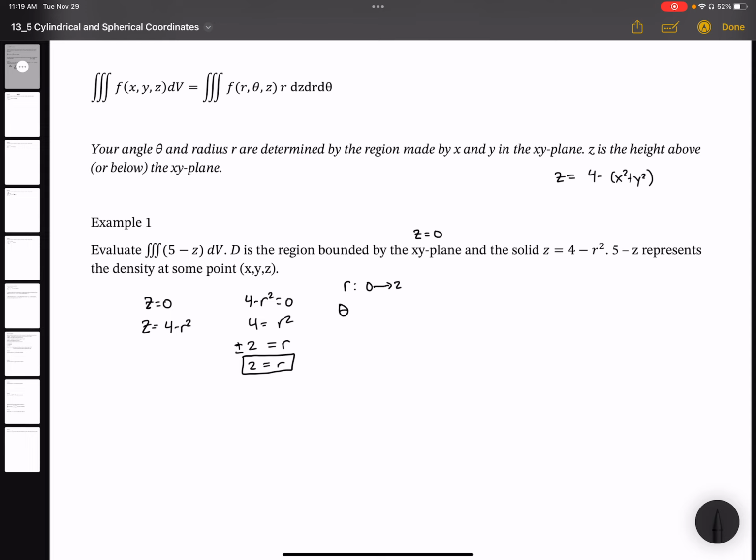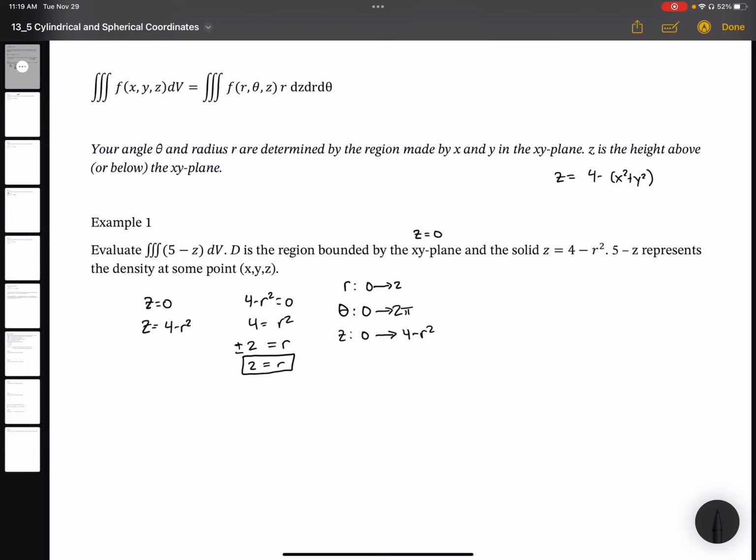Our theta, as long as we're going around a circle, is always going to be 0 to 2 pi unless we indicate otherwise. And our limits for z are going to be from the plane up to the surface, so from 0 to 4 minus r squared.